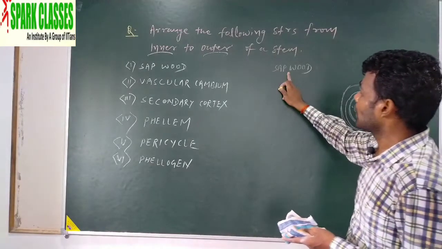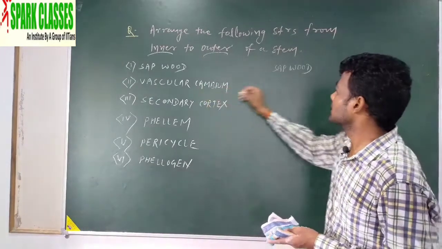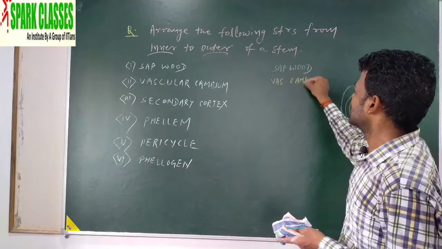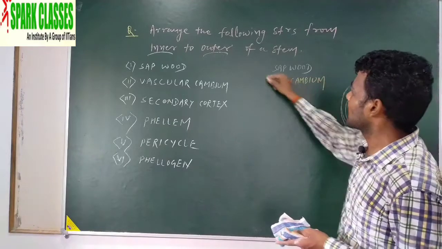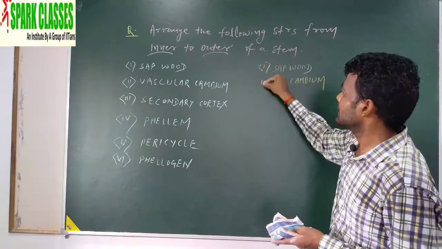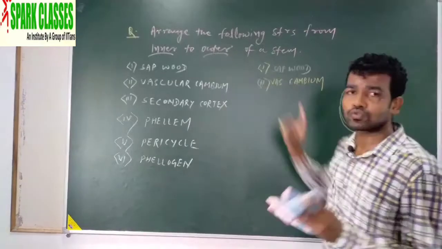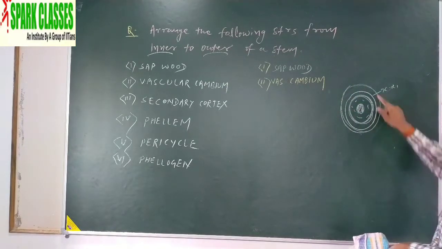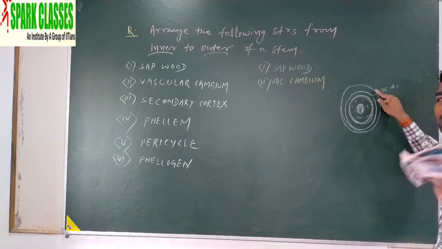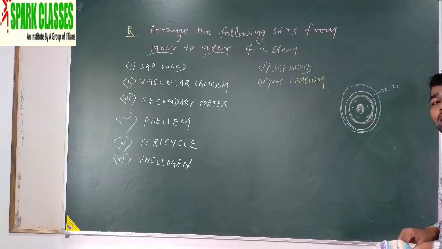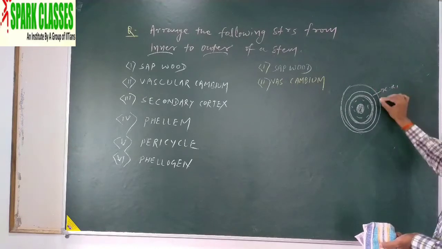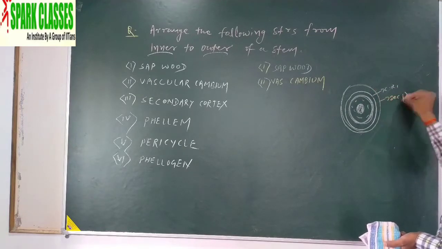So after sapwood, what will come? Cambial ring or vascular cambium. So first is number 1, second is number 2; we are going from inner to outside. After the vascular cambium there is secondary phloem, but there is no secondary phloem here.